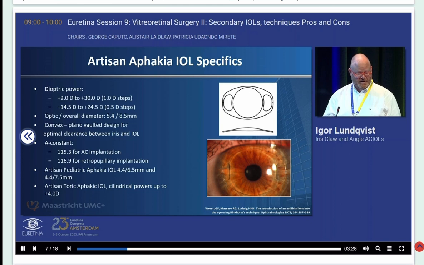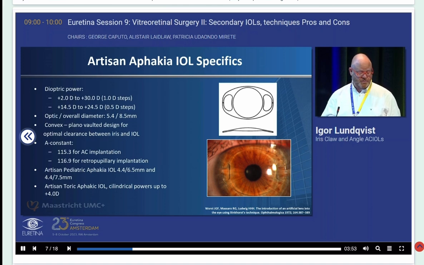It has a convex position to make sure there's a slight space between the pupil and the iris. It has a constant of 115.3 for anterior chamber implantation and 116.9 for retropupillary implantation.